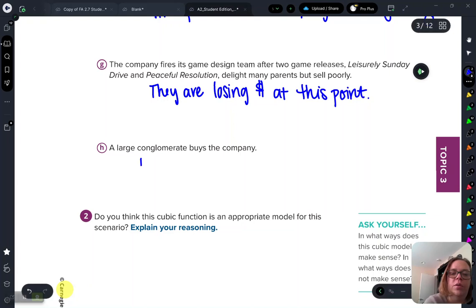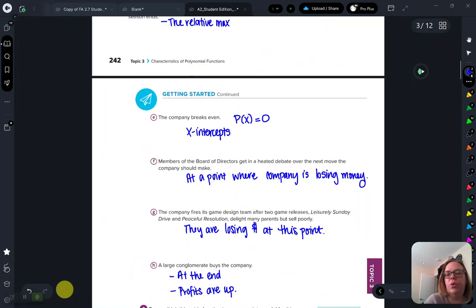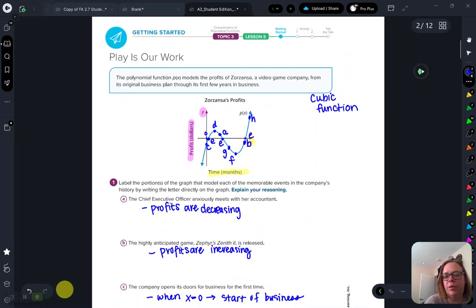So it's kind of at the end. Profits are up. Okay, so recognizing a situation and tying it to a specific point in the graph is the skill here.